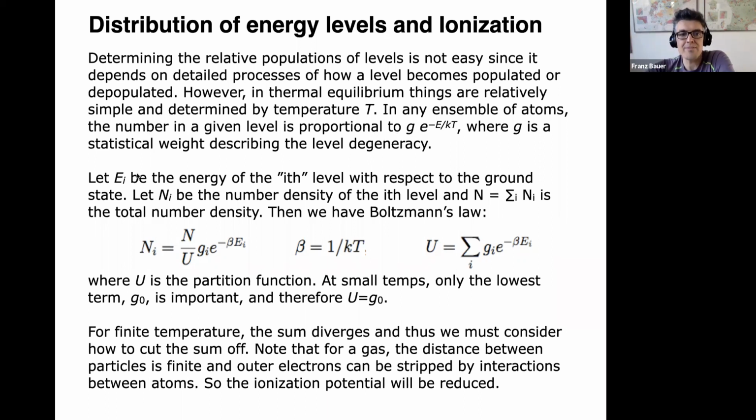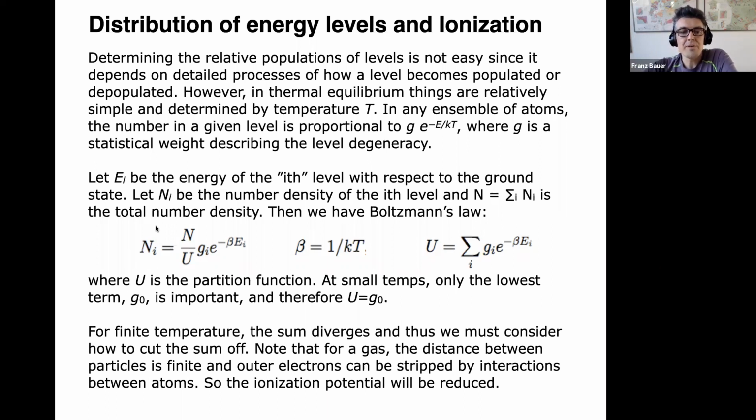And so if we have some energy E_i, which is the ith level in an atom with respect to the ground state, then the number density of atoms in that particular level is given by N_i. And so the total number of atoms is just going to be the sum of the number in each state, right? And that'll give you the total number density.